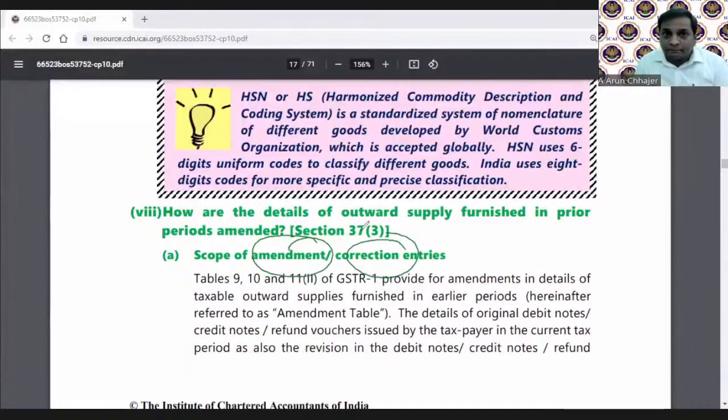Might be invoice number, date, GST number, invoice value, tax rate, anything which is incorrectly entered, you can go in the subsequent return, in the same return but for next month, and do the amendment. And that is the reason I told you amendment for the previous tax period. I hope it is clear.